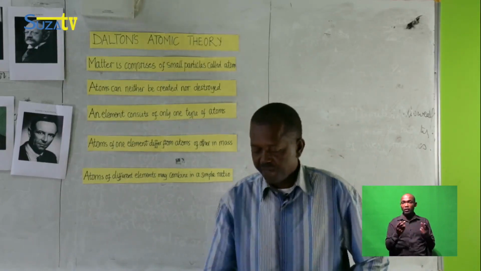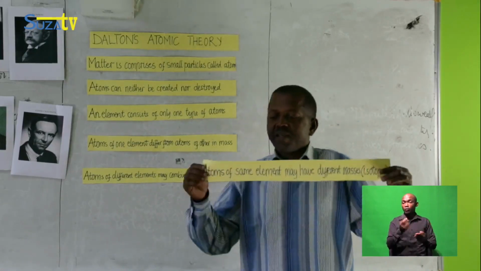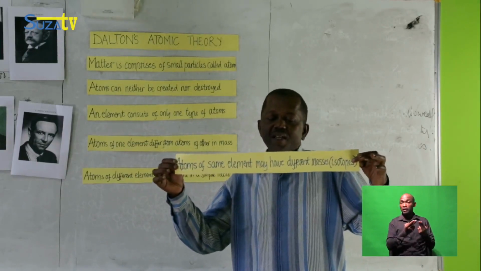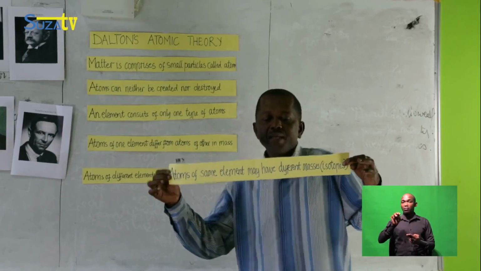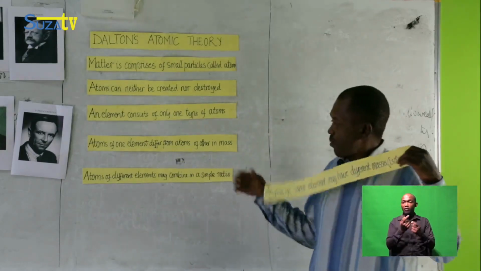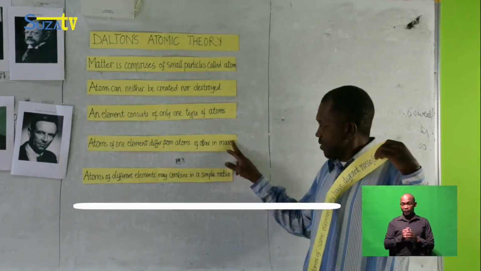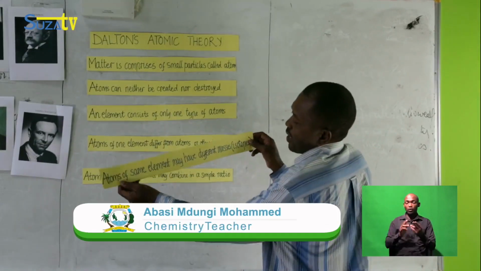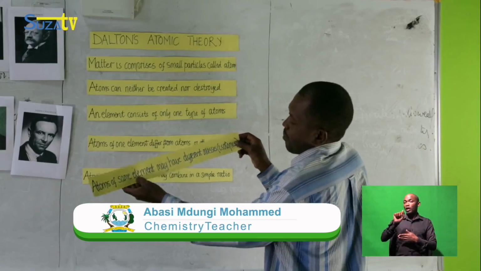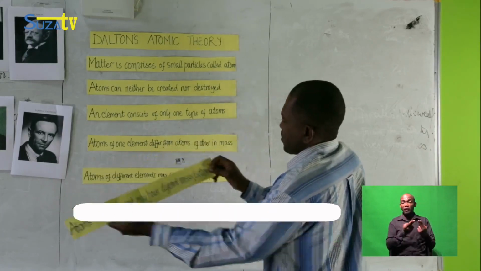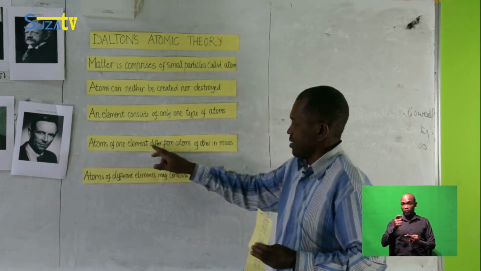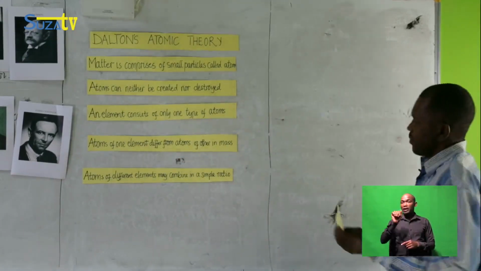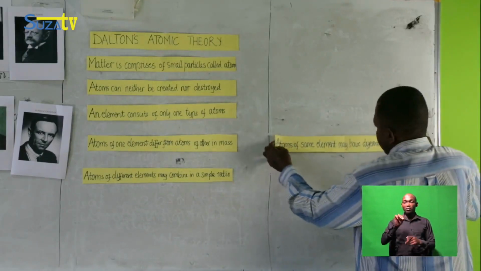I repeat, this modification says atoms of the same element may have different masses. We are talking about mass in this postulate, so it means that there is a relation in mass in this postulate. Atoms of the same element may have different masses, isotopes. Atoms of one element differ from another in mass. So it means that this postulate matches.